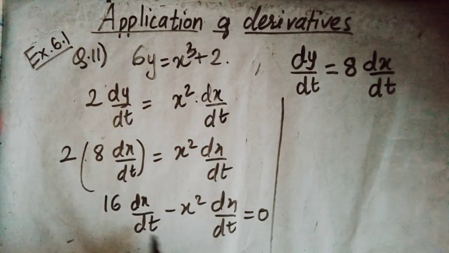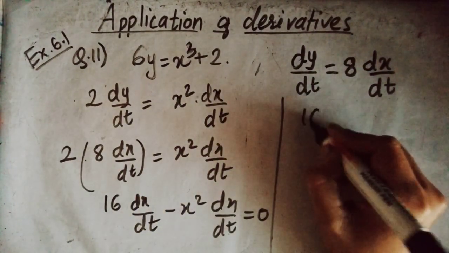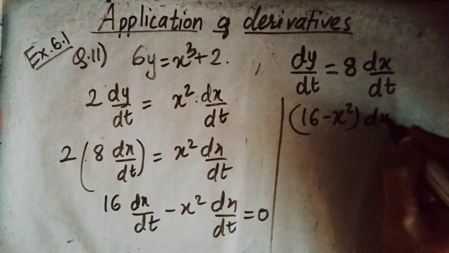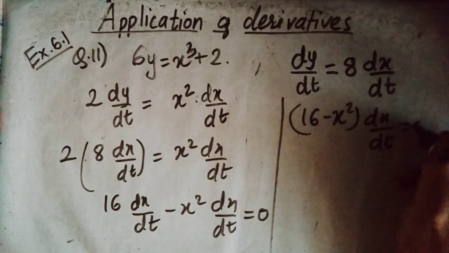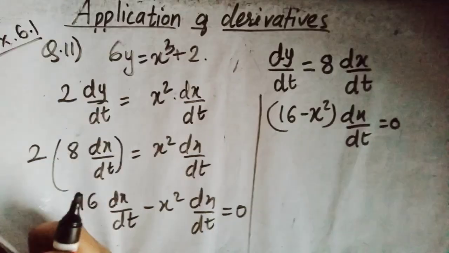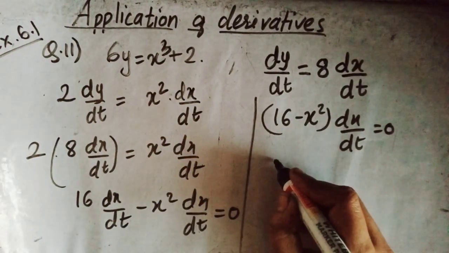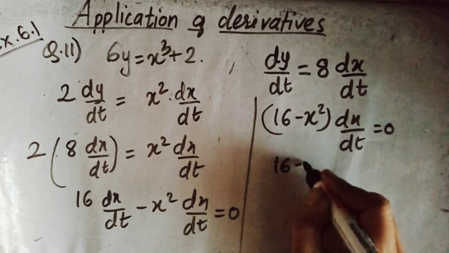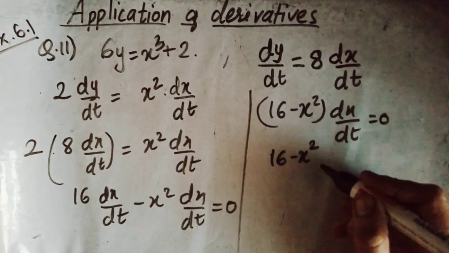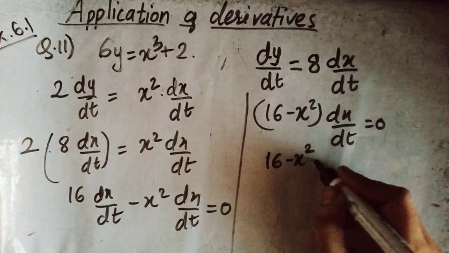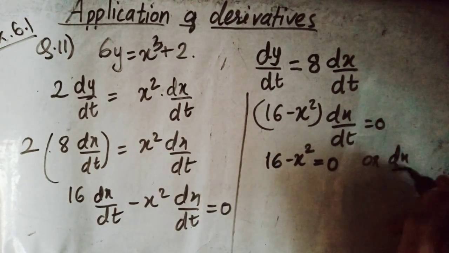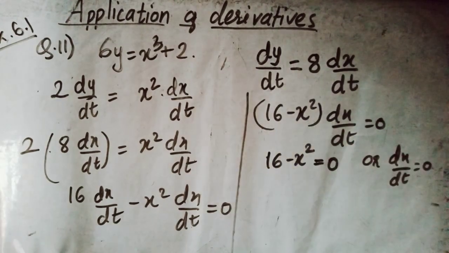You can take dx by dt common, so 16 minus x square times dx by dt is equal to 0. So either 16 minus x square is equal to 0 or dx by dt is equal to 0.